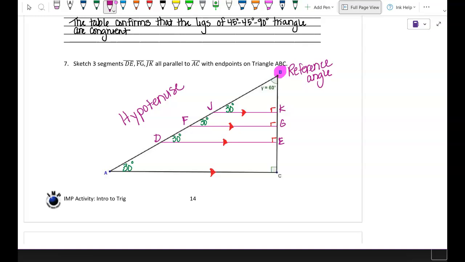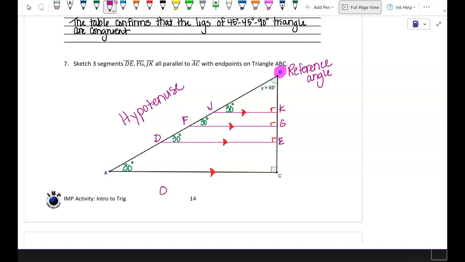So looking at the large triangle, segment AC, would that be opposite of angle B or adjacent to angle B? Angle B is up here and AC is down here.